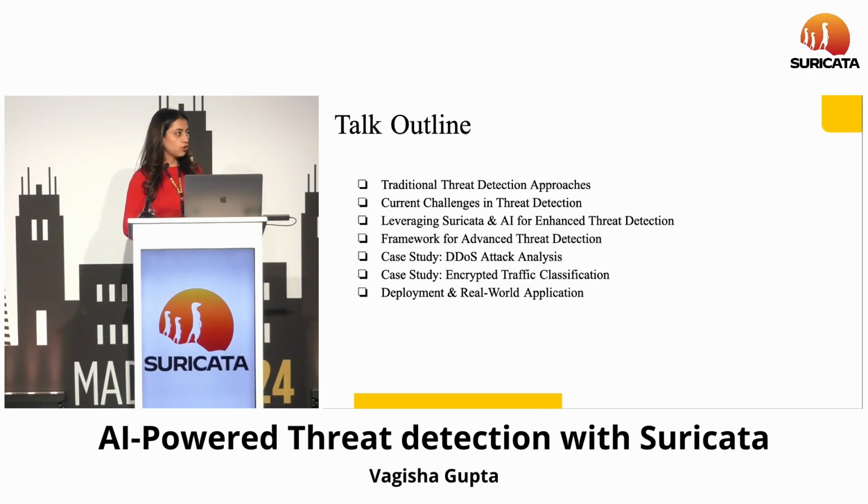I'll be presenting my overall high-level framework for advanced threat detection, and we'll go through two use cases to see how the framework works. The first one will be DDoS attack analysis, and the second will be the classification of encrypted traffic. And at last, we'll see how this works in real case scenarios for deployment purposes.